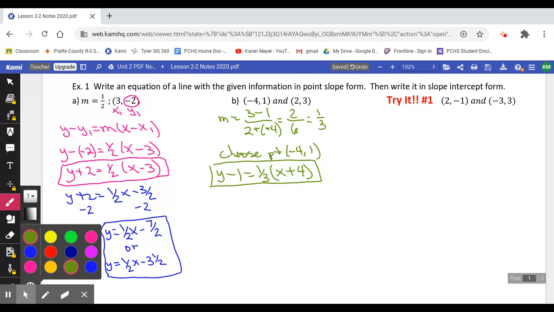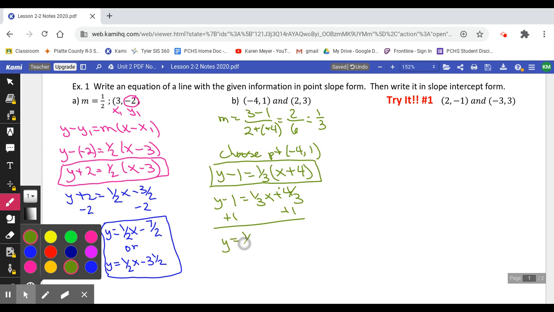Okay, now we're going to put it in slope-intercept form. So slope-intercept form, distribute. So 1/3 times x is 1/3 x. 1/3 times 4 is 4/3. And then get y by itself, so add 1.